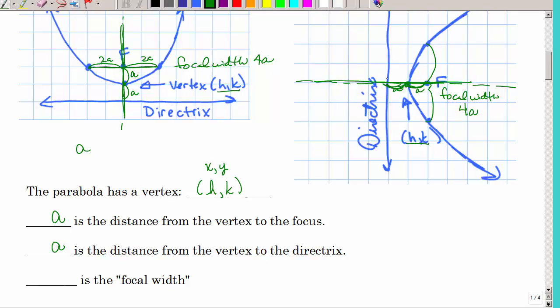Remember that directrix is a line. A vertical line is going to be x equals some number, and a horizontal line is going to be y equals some number. And the focal width is the distance of 4a. Knowing those things, your vertex, your A or 4a, will allow us to graph and find equations and all kinds of things for our parabolas.